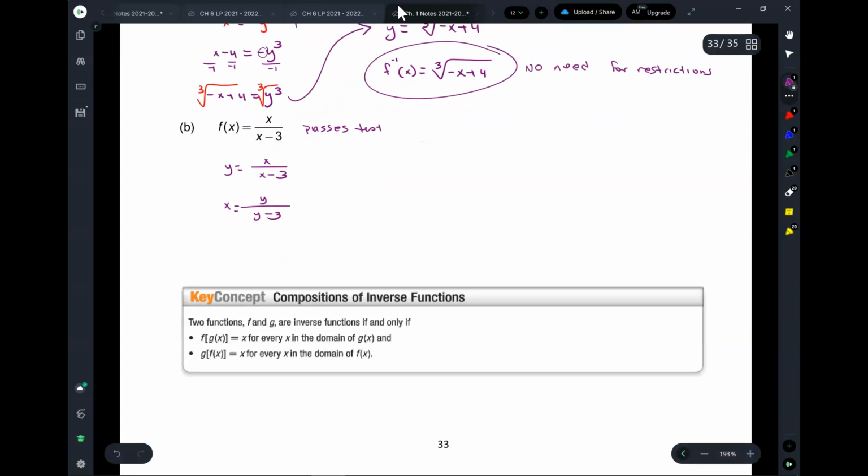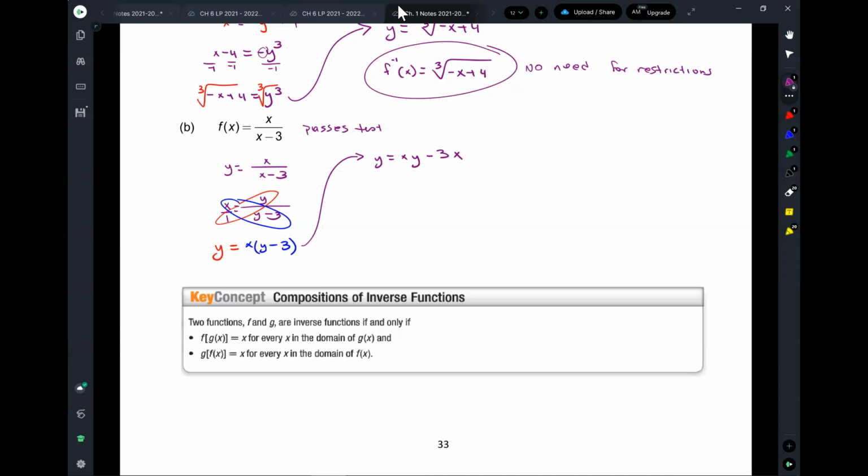Now, to solve this for y, I'm going to put this over 1 and I'm going to cross multiply. All right, so cross multiply this way, y equals this way is this. Okay, so moving over here, y equals xy minus 3x.